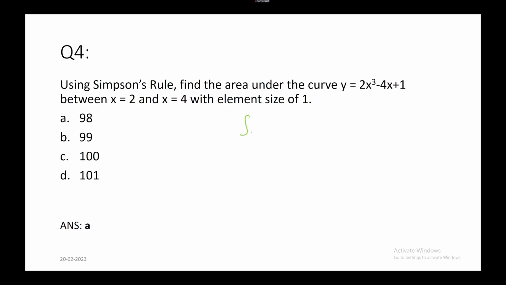So integral of 2 to 4, 2x cube minus 4x plus 1 into dx.